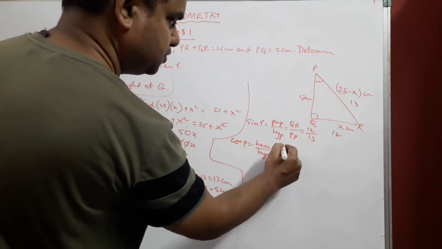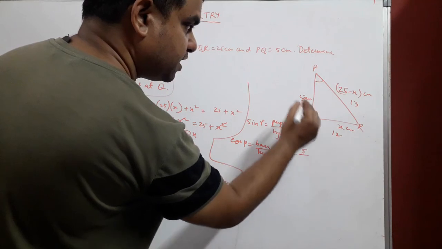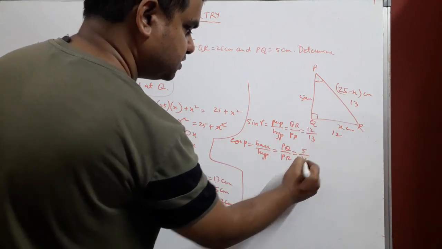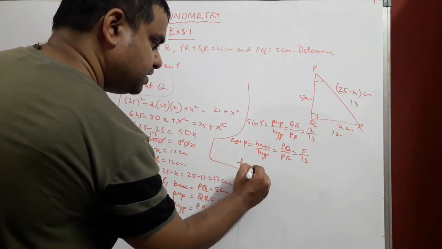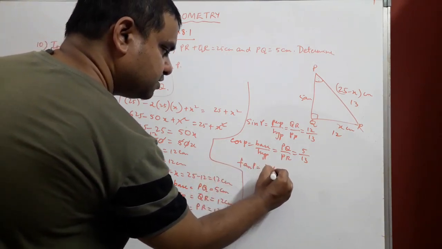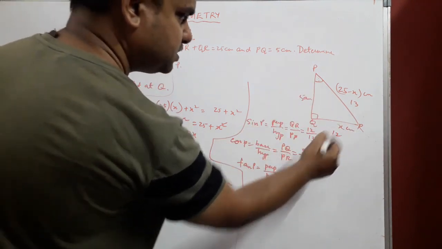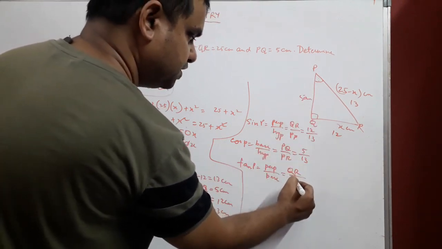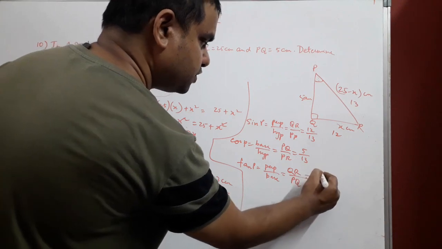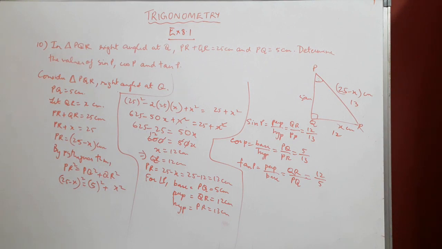Base is PQ and hypotenuse is PR. PQ is 5 and PR is 13. So cos P is 5 upon 13. Finally tan P. Tan P is perpendicular upon base. Perpendicular is QR and base is PQ. QR is 12 and PQ is 5. And that's how we find sin P, cos P and tan P.